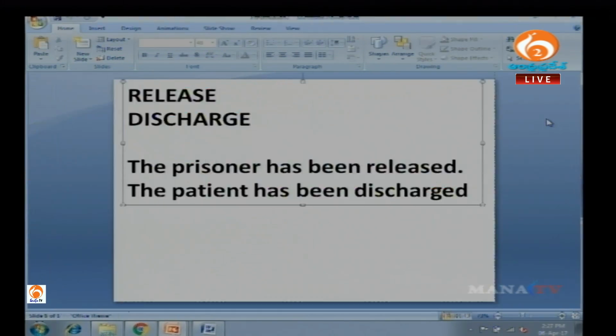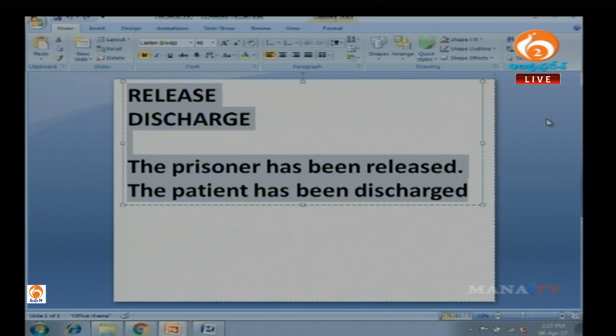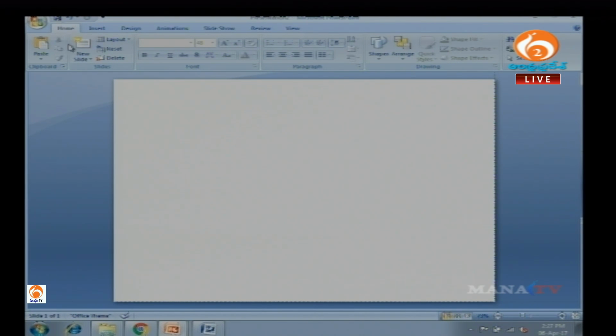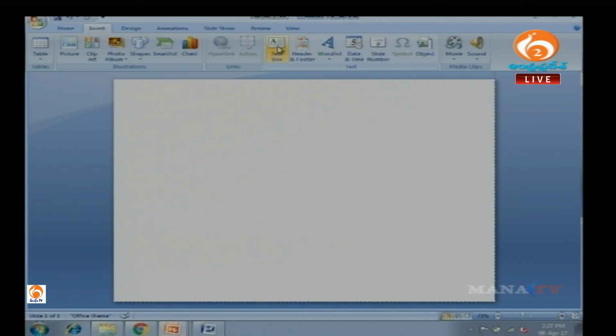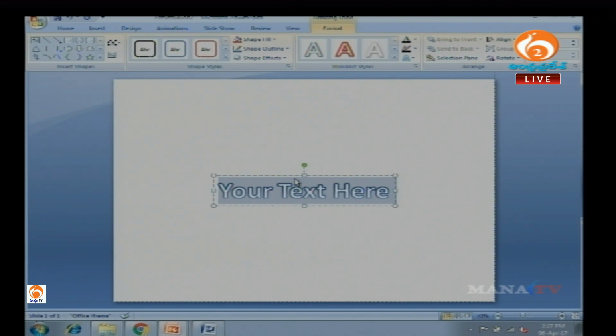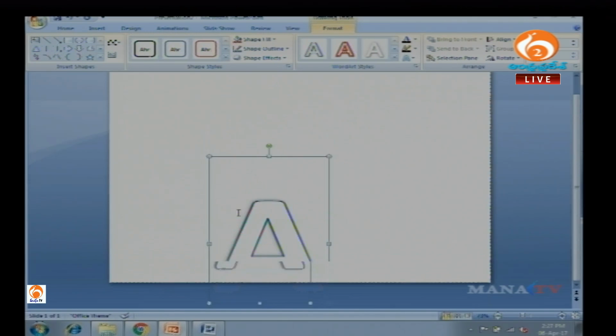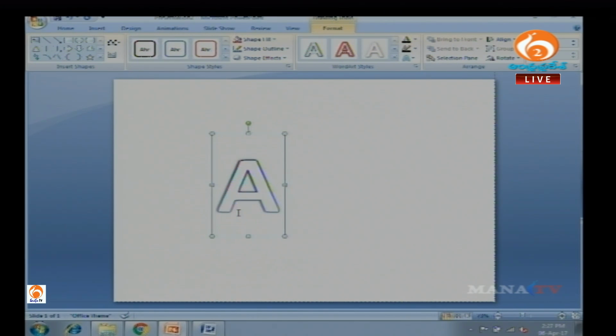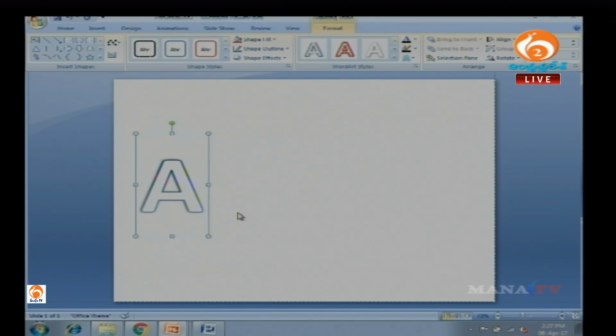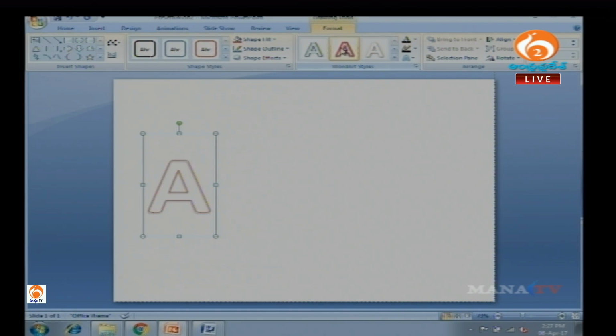Why is it follows? Let me give you an example here. So I have A, okay, let me change the style.